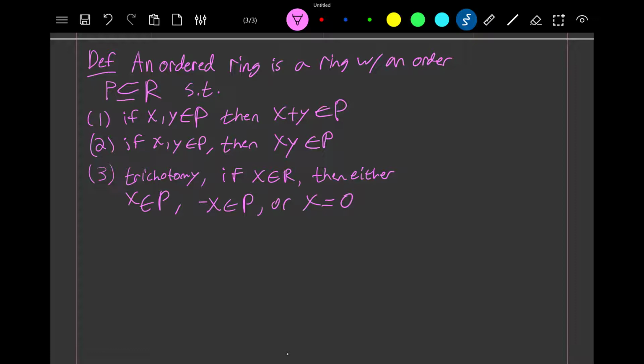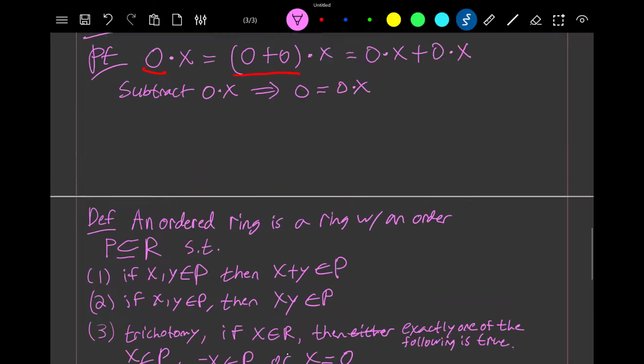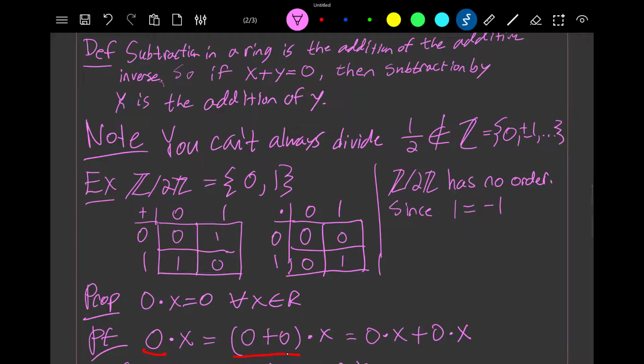I should say, when I say either here, I mean exactly one of the following is true. If we have an element in the ring, then it's either positive, or its additive inverse is positive, or it's 0. So 1, since it's not 0, either 1 or minus 1 has to be in P.